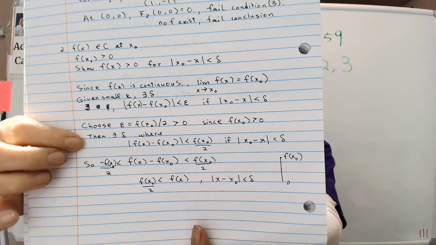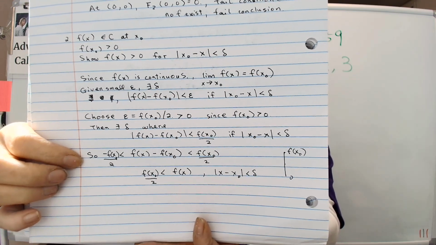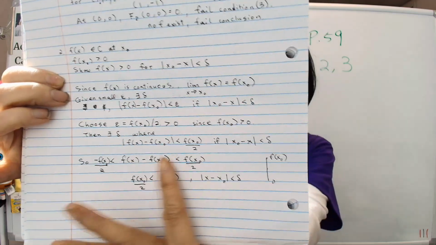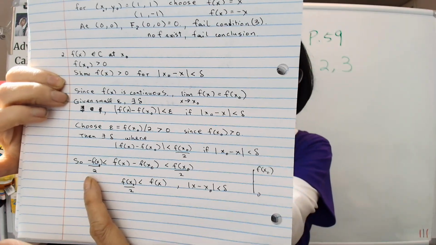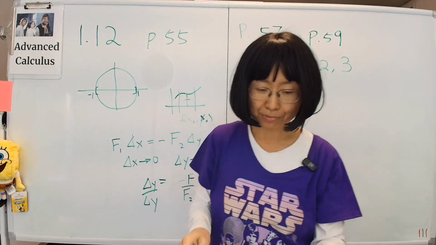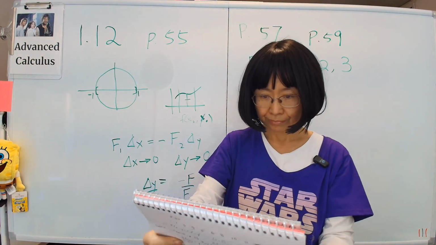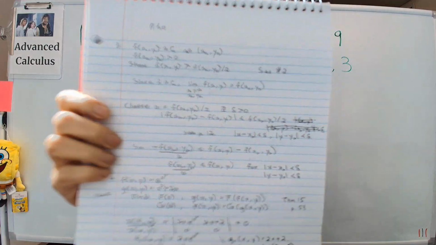So that, by definition of the absolute value, means it's less than the value itself and bigger than the negative value. Then you just move this f to the other side of the inequality, and the result comes right out.